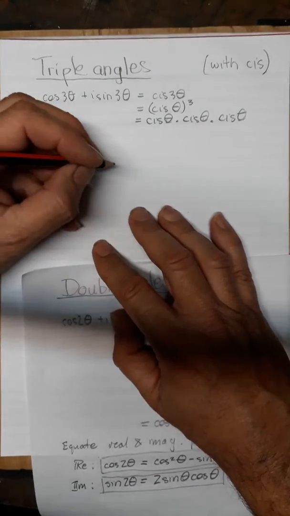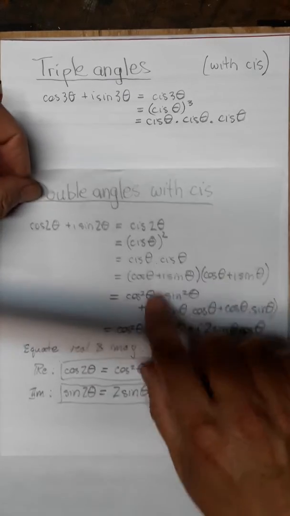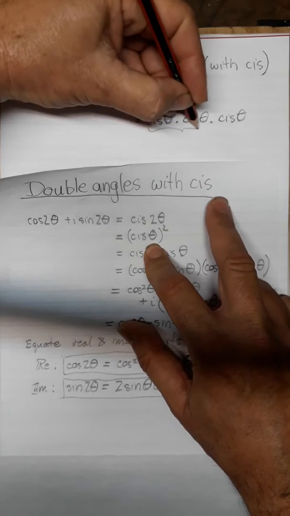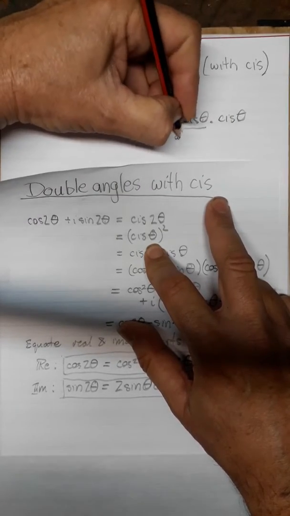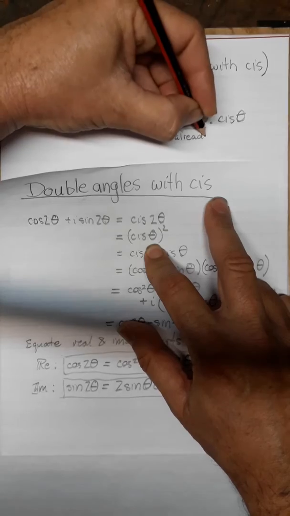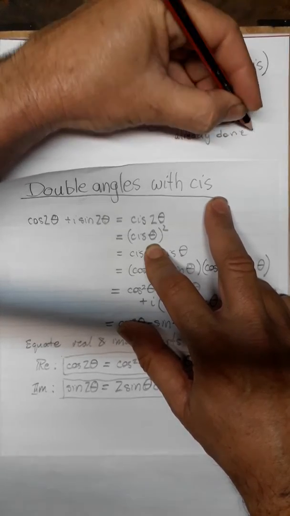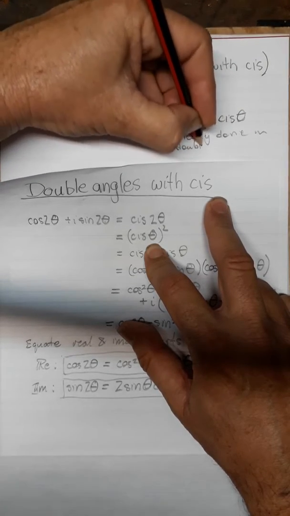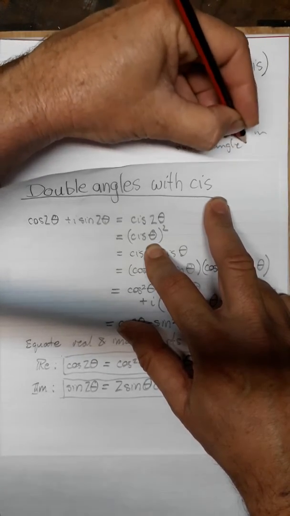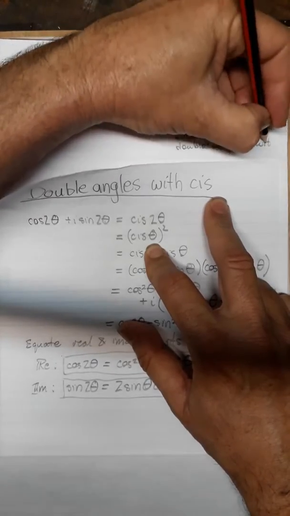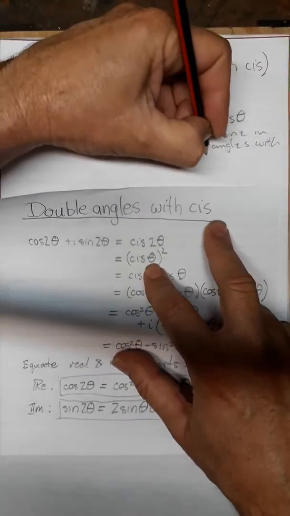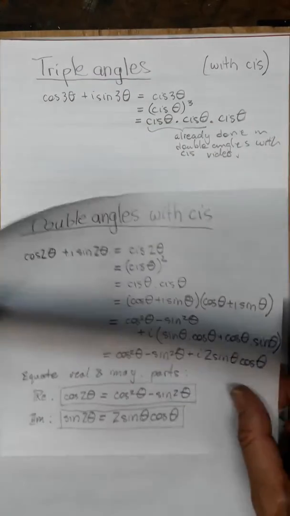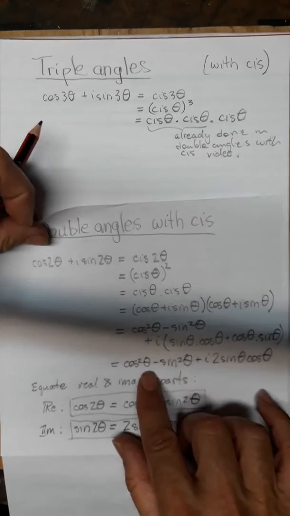Now, with the double angle formulas, cis theta squared, we've actually already done this in the double angles with cis. So let's not do it again. We'll just take the result that we got from that.